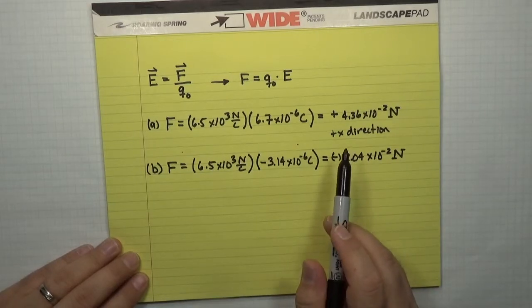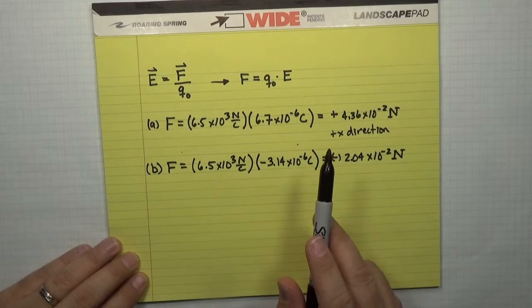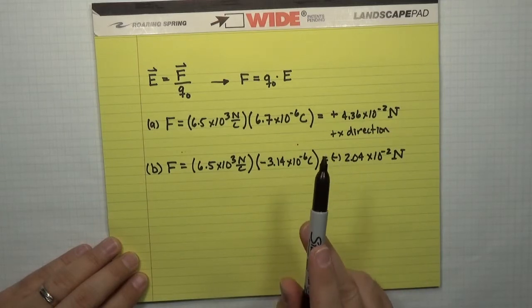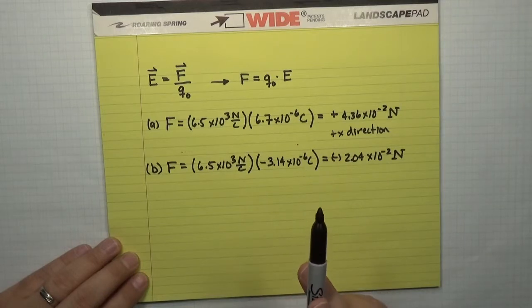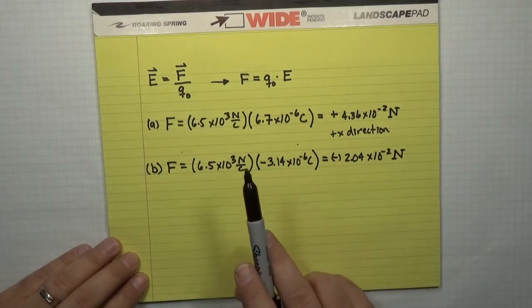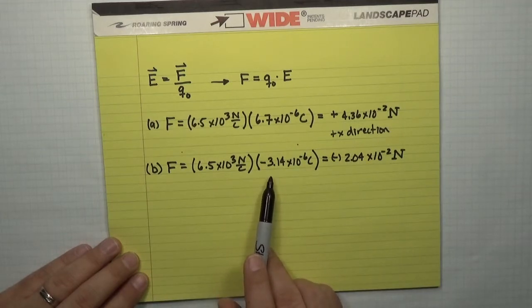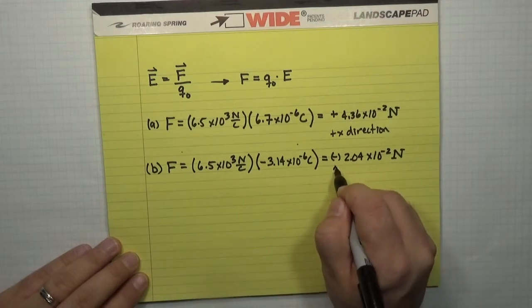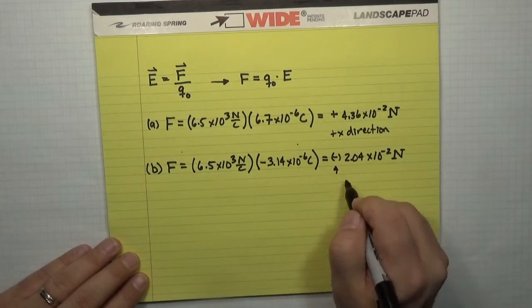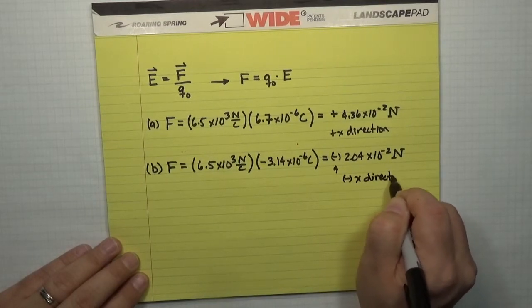If a positive charge feels a force in the direction of an electric field, then the negative charge feels a force in the direction opposite to the electric field. The electric field points in the positive x direction, so our negative 3 microcoulomb charge should feel the force in the negative x direction, and indeed, that is what that minus sign tells us. It tells us that this points in the minus x direction.